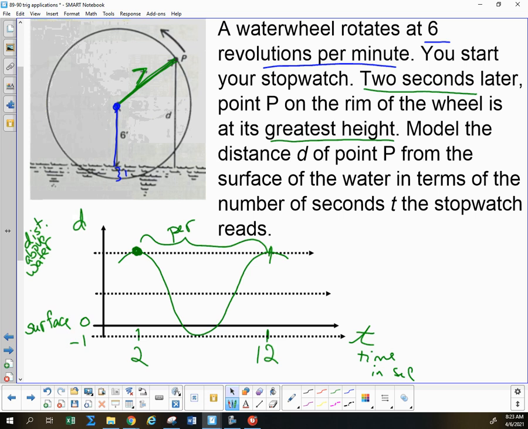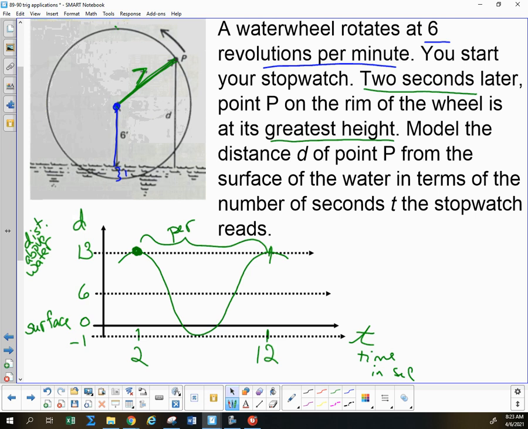Does that make sense to everybody? And if I then go all the way up to the top, it has to be 14 for a diameter, and 14 above the -1 would be 13 for the max. And who can tell me what my center line would have to be? What was that? It would have to be 6. It would have to be the 7 above the -1, the 7 below the 13.